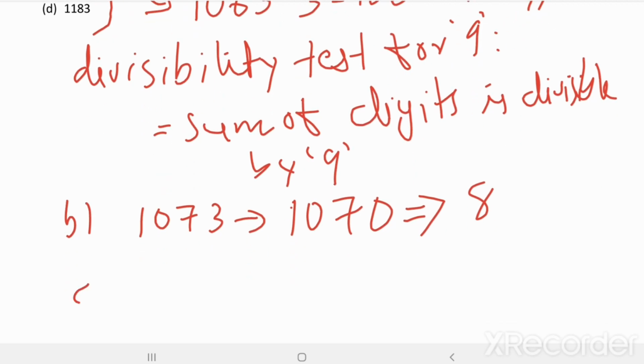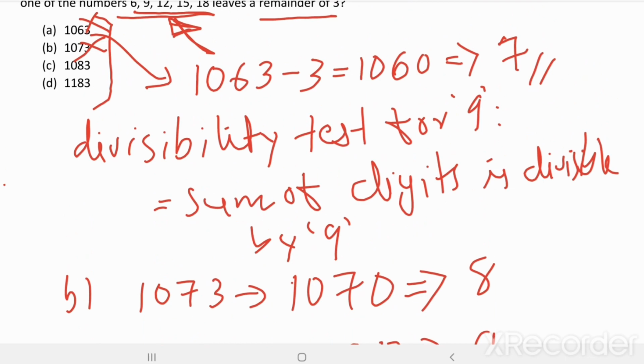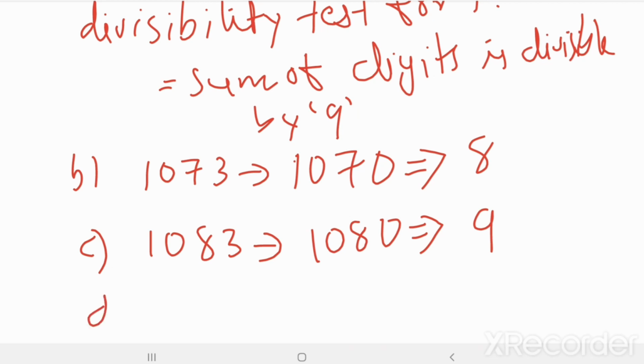Then option C, 1083. 1080. Sum of digits equal to 9, which is divisible by 9. Therefore, this can be our answer. Now see the option D also, 1183. Then 1180.